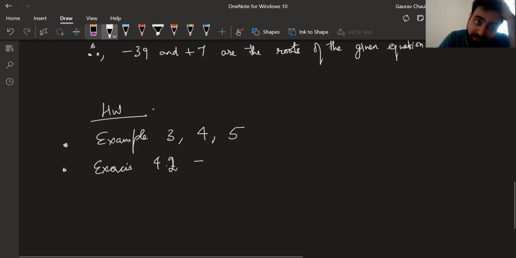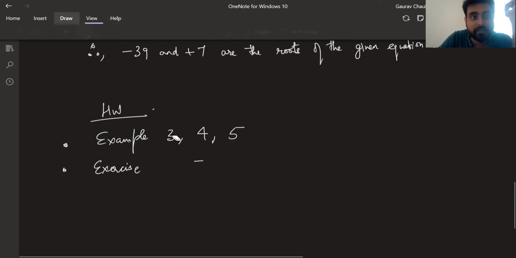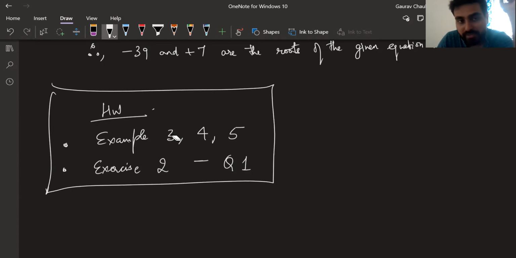Deepak, what's the chapter number? Do you know? Is it 4 only? No, sir, 10. 10, no? Okay, thank you, Manisha. Exercise 10.2. So basically, exercise 2 of this chapter, question 1. Okay, this is your homework. So the examples, go through the examples and then do this exercise.